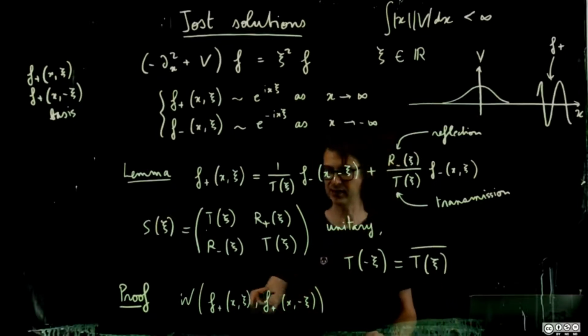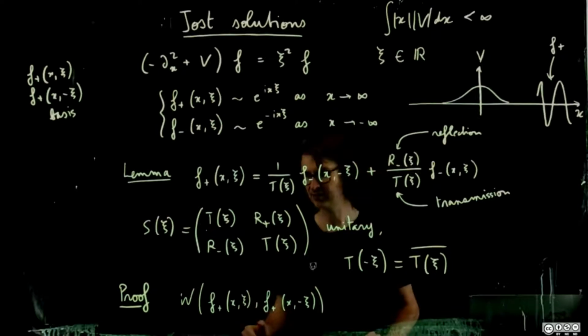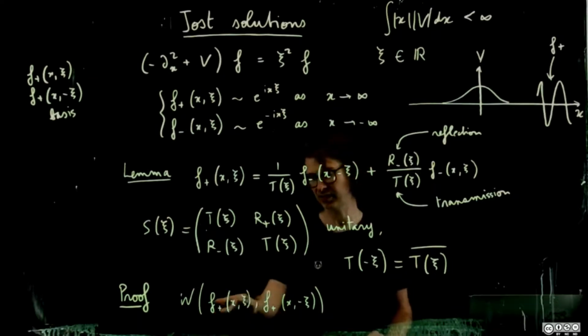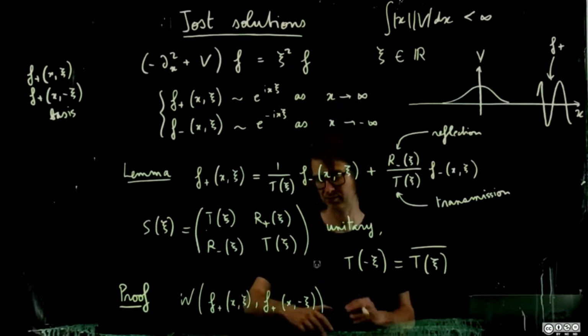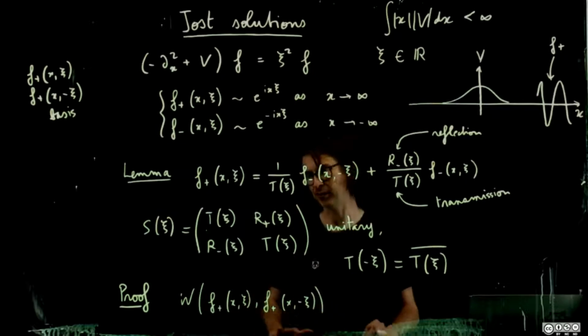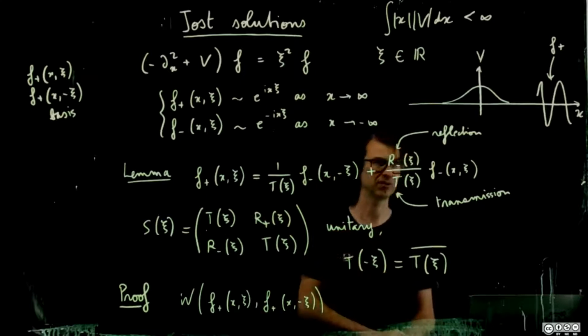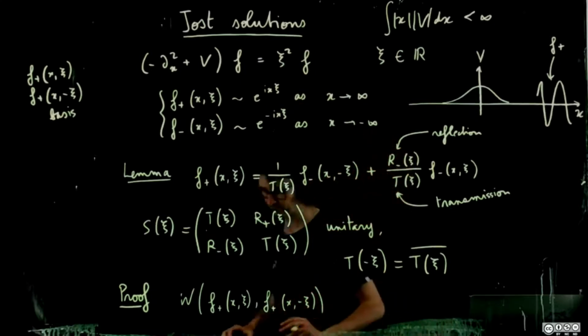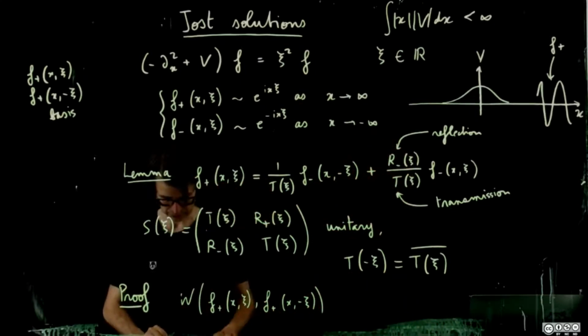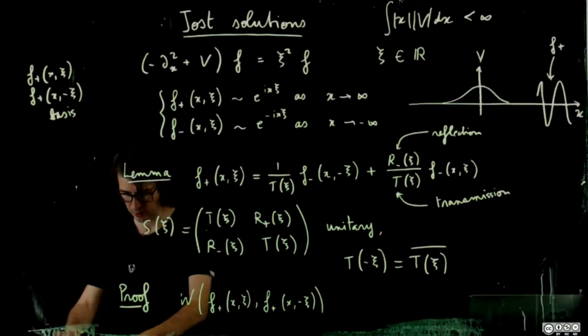And so you can evaluate it at plus infinity, at minus infinity. And you can do that with f plus, f minus, f plus, many combinations. And if you try them all, you get these relations on the transmission and reflection coefficients. Okay.